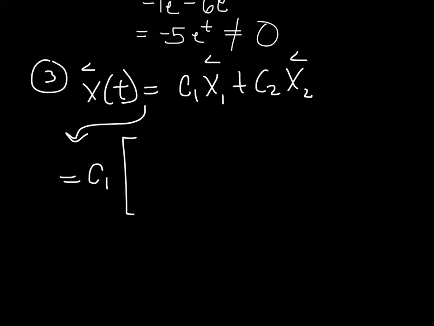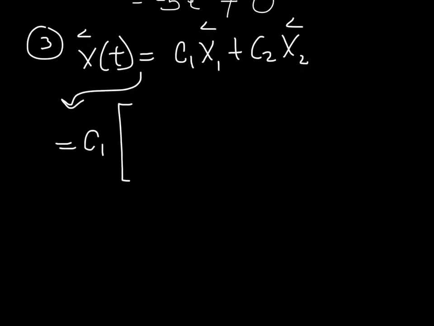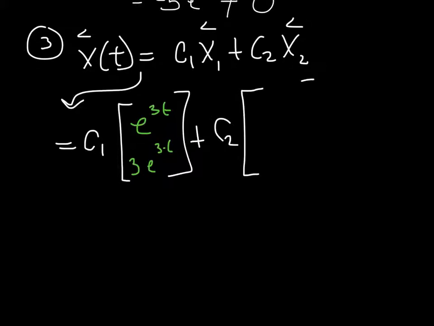To be consistent, I made it green: e to the 3t, 3e to the 3t, plus c2. This is a general solution. We're not finding the particular solution because we're not given initial conditions. 2e to the negative 2t, e to the negative 2t.